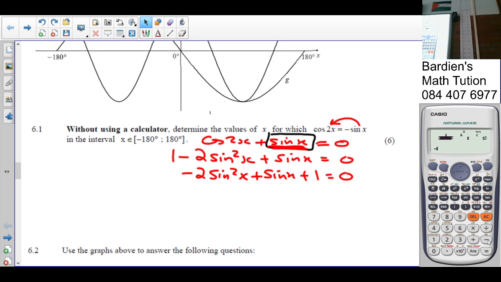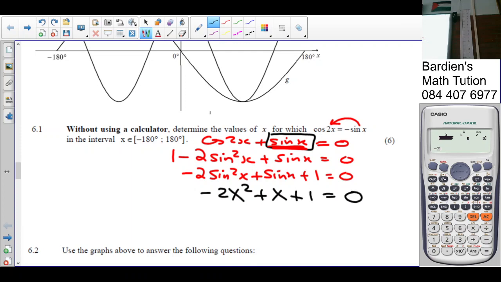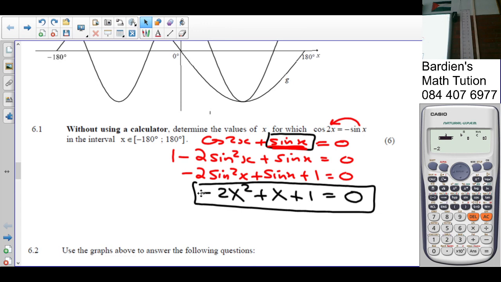Program it, so you're going with the coefficient of x squared, which is negative. So in other words, what you should see is negative 2. Whenever I see a sine, I put the x. So it's negative 2x squared plus x plus 1. Can you see that trinomial there? See the link between the two equations. So I punch that into the calculator for the quadratic formula.